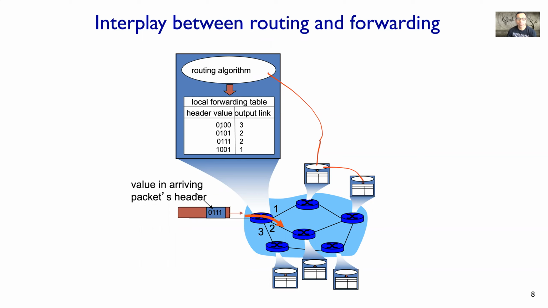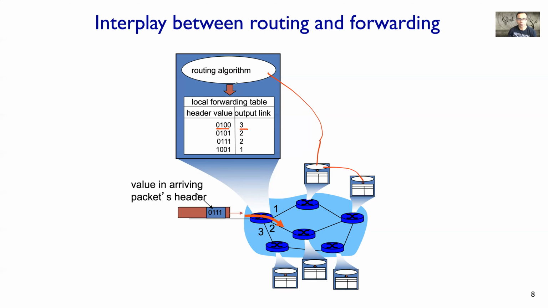This forwarding table will have certain values, which, as you may have guessed, would be IP addresses. When a datagram arrives, the router looks up the destination IP address within this forwarding table, and when it gets a match, it will send the packet out on that particular link.